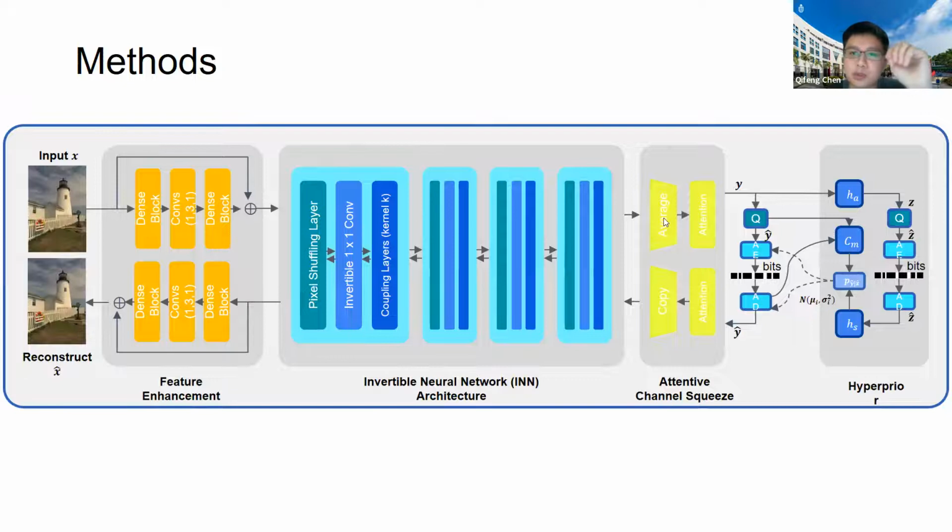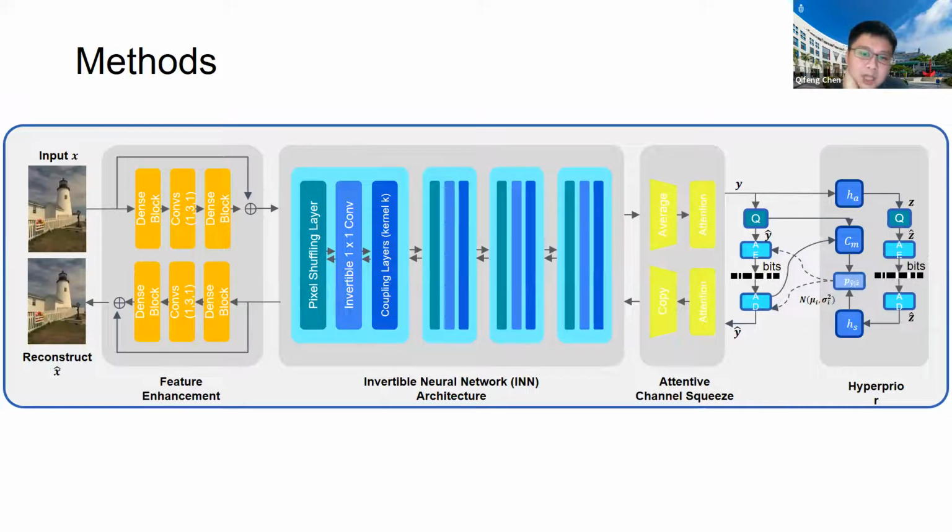And then there is a stage where we want to reduce the dimension of the feature. Suppose now we have a feature map with 64 channels, and we want to do the reduction. What we can do is average all the 64 channels and get a single channel. In such a channel squeeze step, we can reduce the amount of information. We also add one more attention layer to enhance the feature.